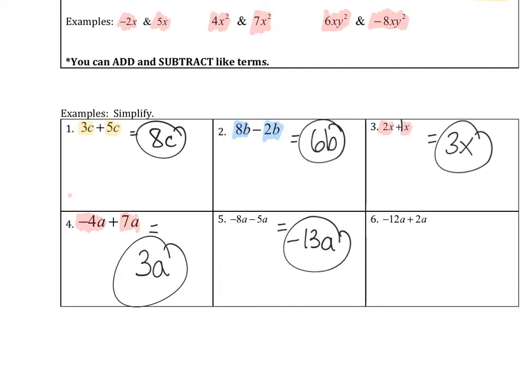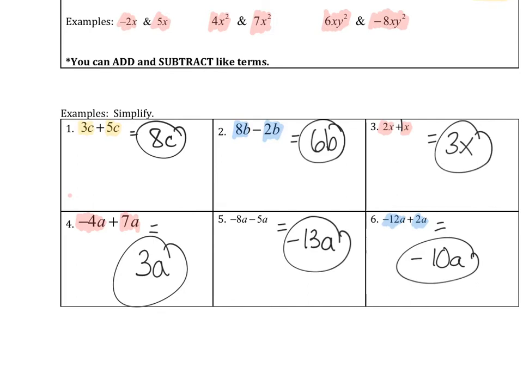And then in the last one, those are again like terms because you have the same variable raised to the same power. And we're going to use integer rules again. Those are different signs, so you're going to subtract and keep the sign of the bigger number. 12 minus 2 is 10, and the sign of the bigger number, 12, is negative. So our answer must be negative 10a.